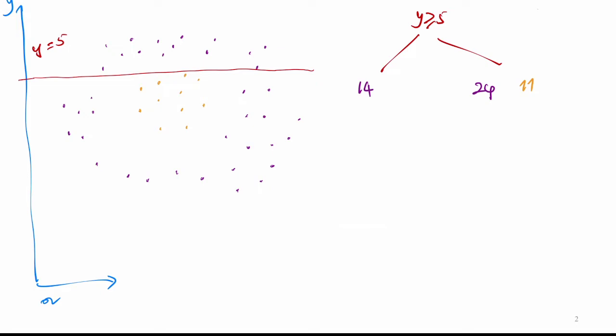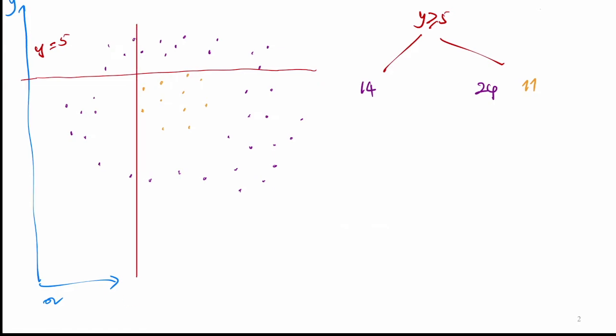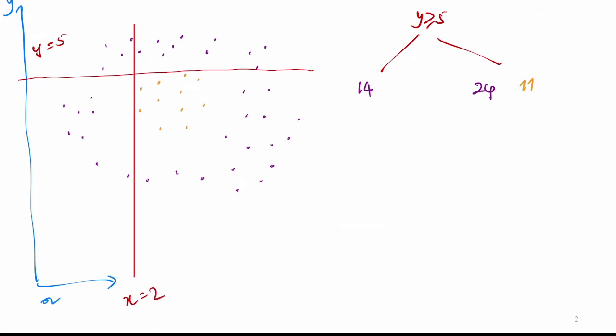Let's choose red for our line. We are going to draw another line, let's say through here. Let's say this is x equals 2. After we look at the line y greater than or equal to 5, on this side this is true, this is false, right?